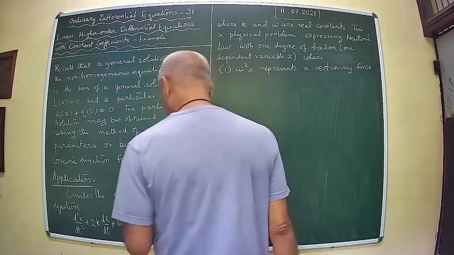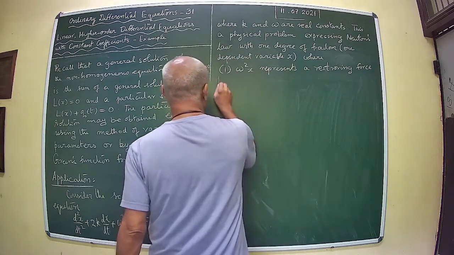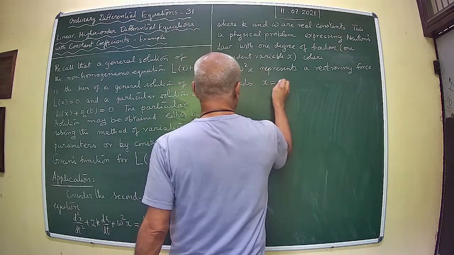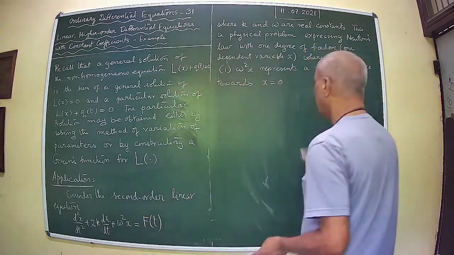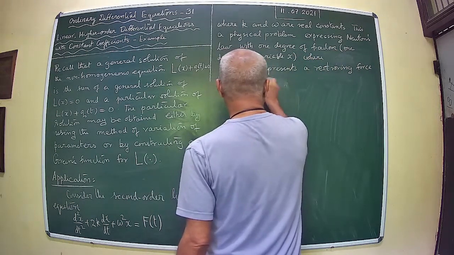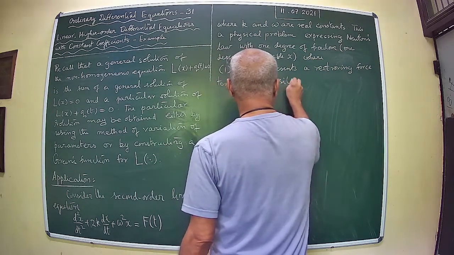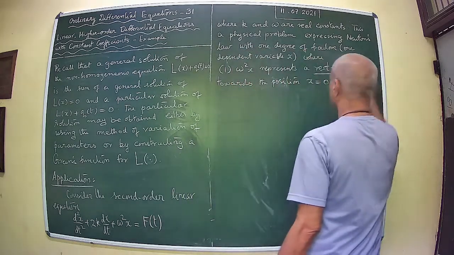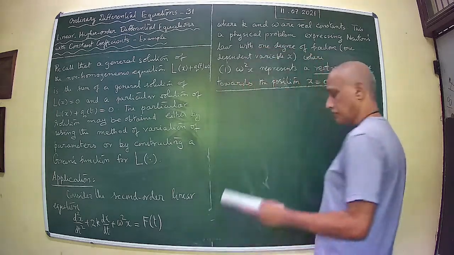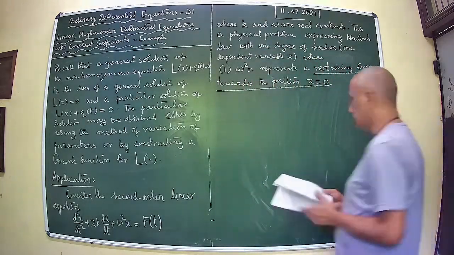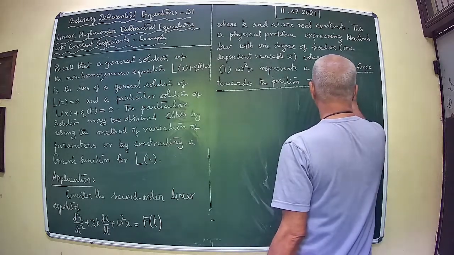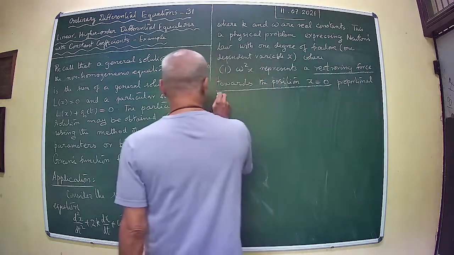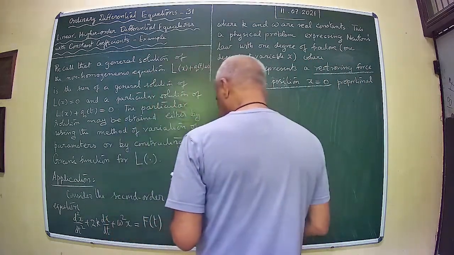I'll explain what it is, towards x equal to 0, rather the position equal to 0, and this is proportional to the displacement.